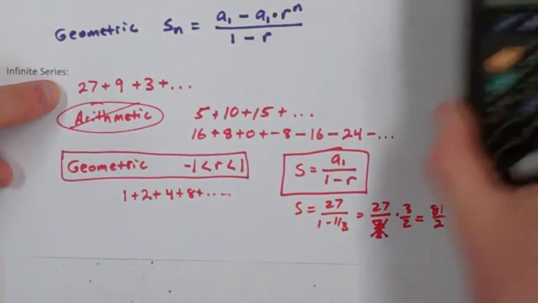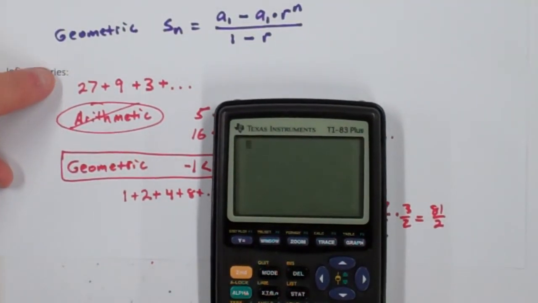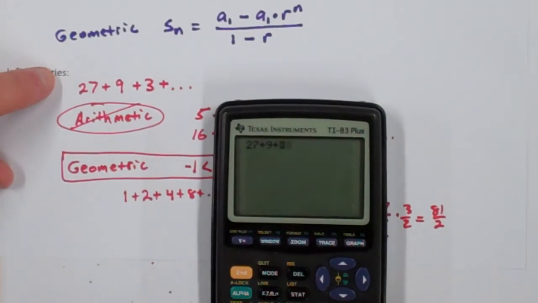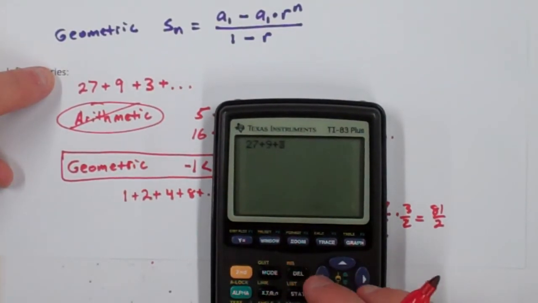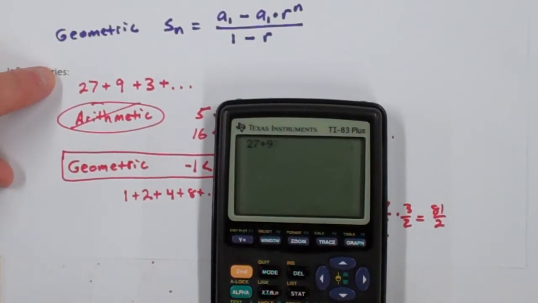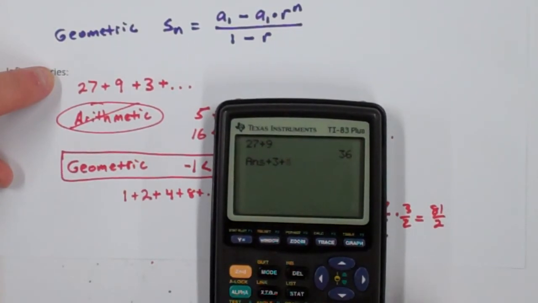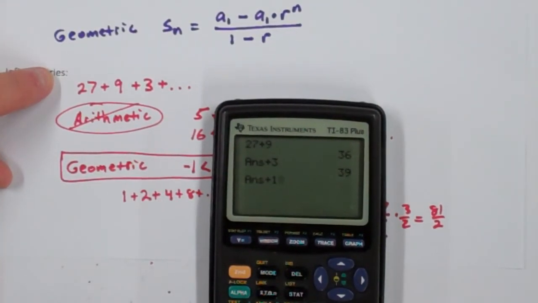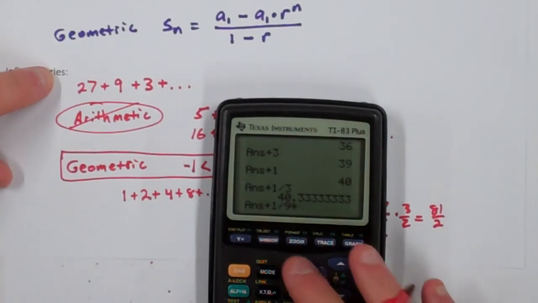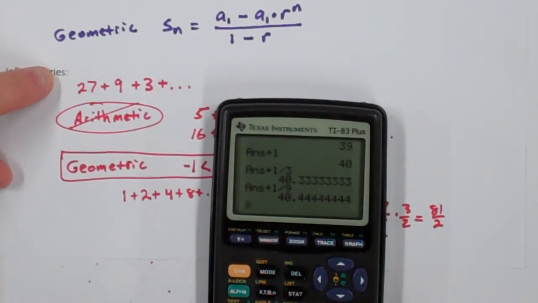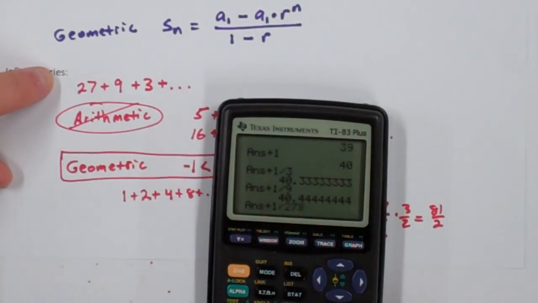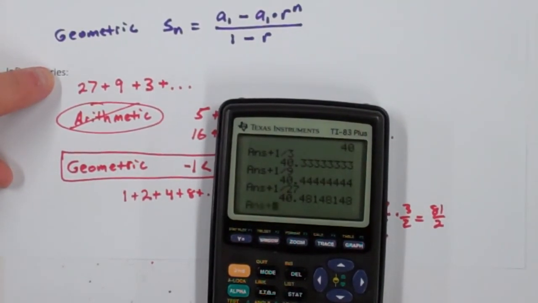So what would happen if we kept doing this, and I'll show you that on the calculator, we're going to take 27 plus 9 plus 3, and maybe I'll do this successively for you. So we'll do 27 plus 9, then we'll take that and we'll just add 3. And then we'll just hit enter, and we'll go plus 1, plus 1/3, plus 1/9, and then plus 1 divided by 27, plus 1 divided by 81.